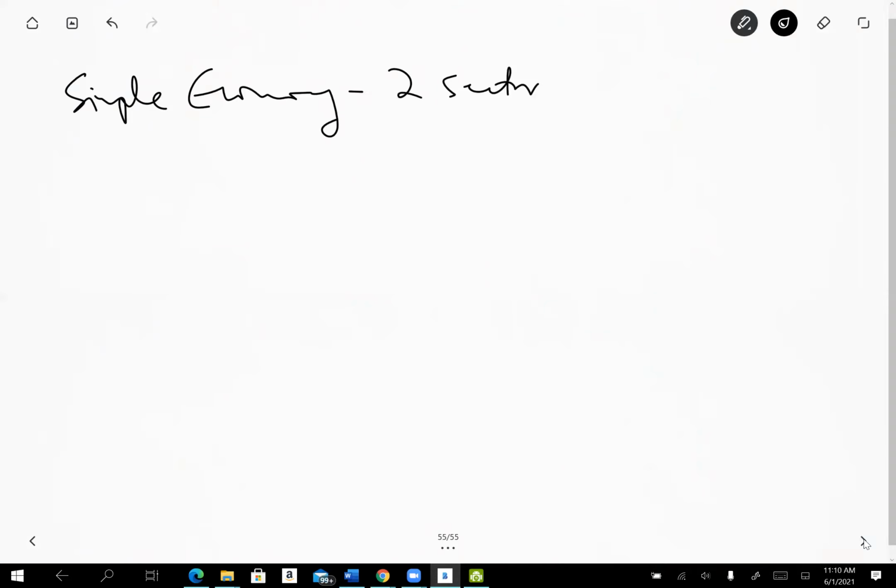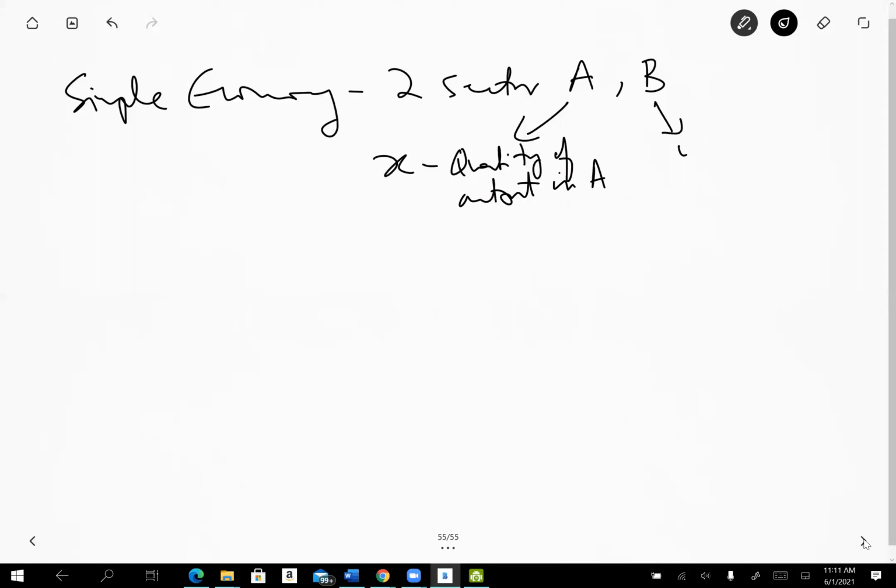We call it A, B. And the quantity of the output, you call it X, Y. So you got X here, the quantity of output in A. And then you call B, we call it Y, the quantity of output.